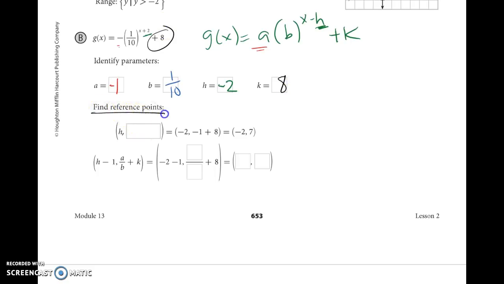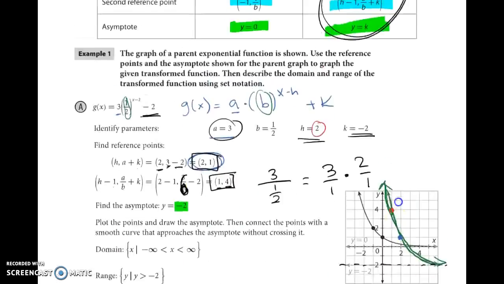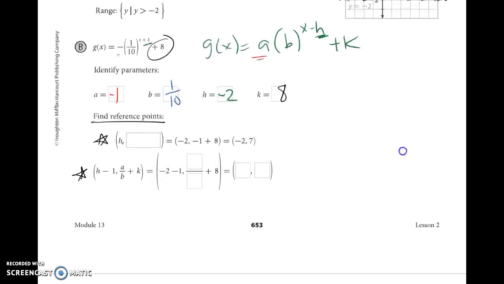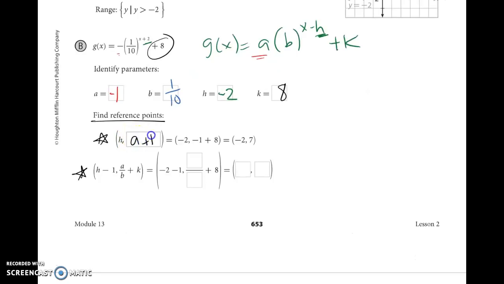Now, find your reference points. You're going to have to memorize these two formulas if you're going to use these reference points instead of a t-chart. So it's h, comma, a plus k. Let's substitute these values in. h is -2, a is -1, and k was 8. So I have -2, comma, -1 plus 8 is 7. There's your first point.